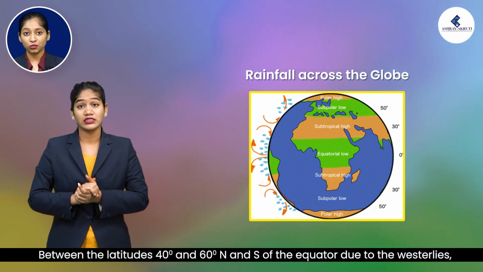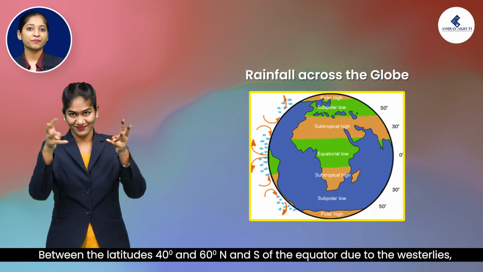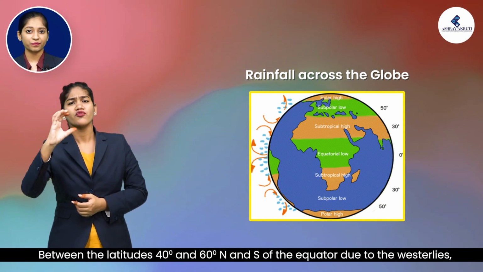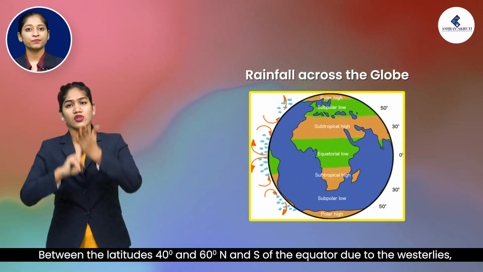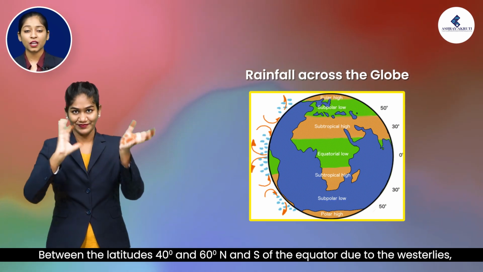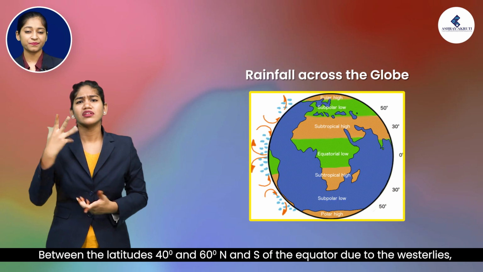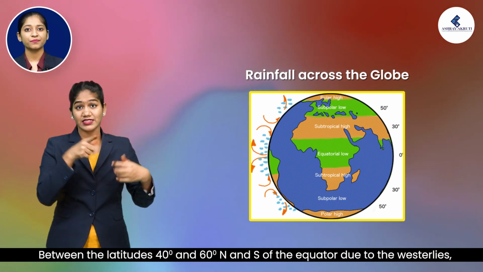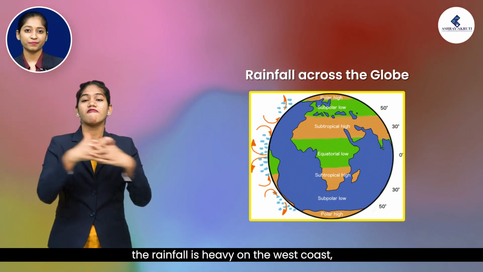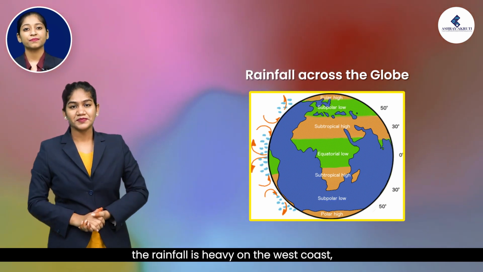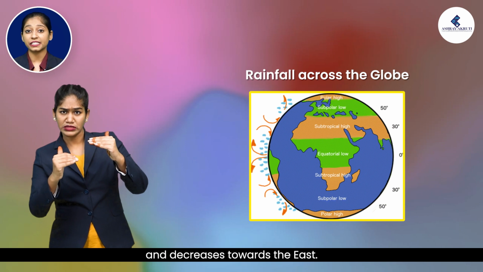Between the latitudes 40 degrees and 60 degrees north and south of the equator, due to the westerlies, the rainfall is heavy on the west coast and decreases towards the east.